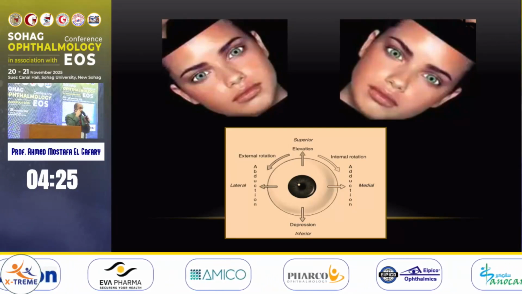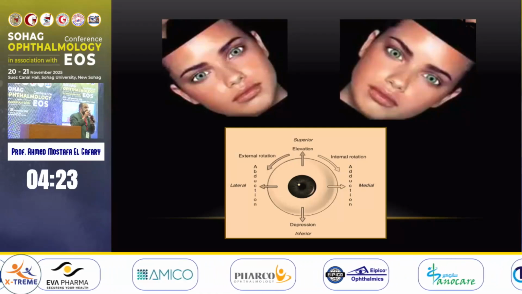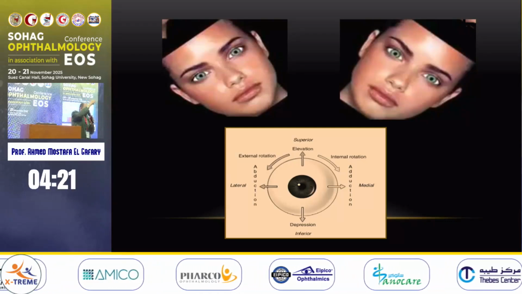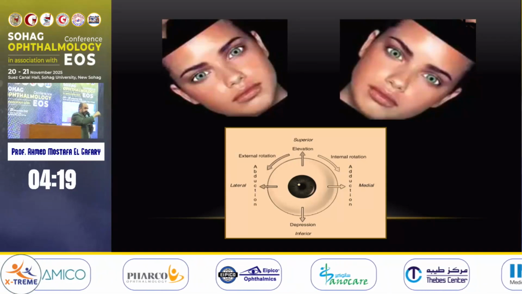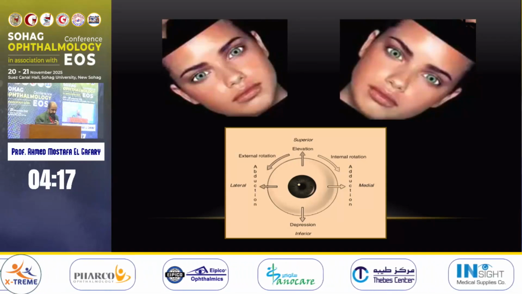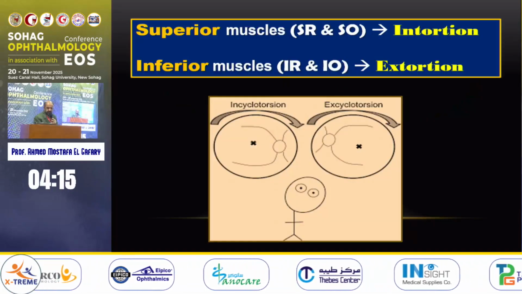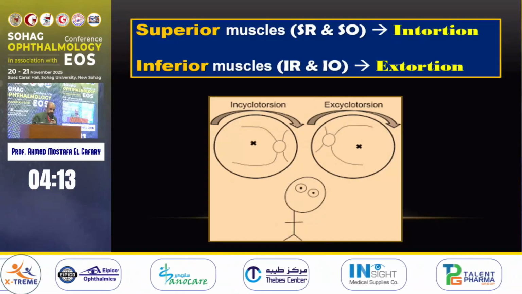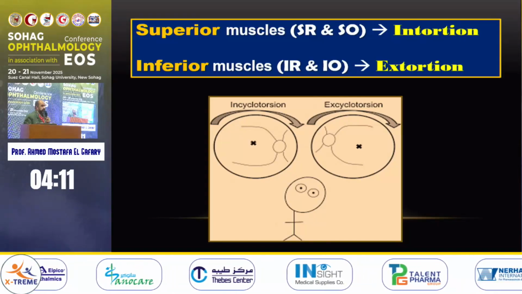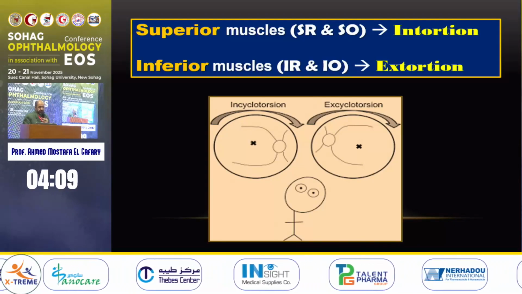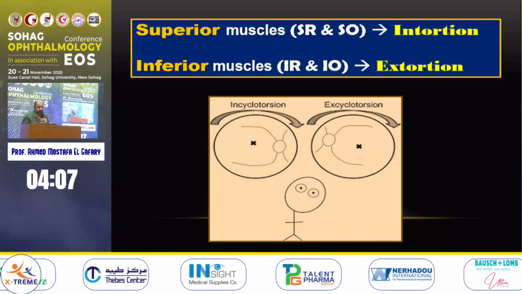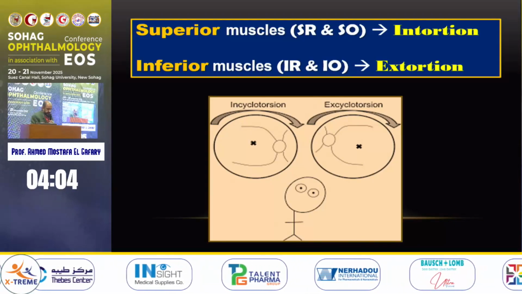The right eye will be rotated as intorsion, the left eye as extorsion. Superior muscles, superior rectus and superior oblique, are intorters. Inferior muscles, inferior rectus and inferior oblique, lead to extorsion.